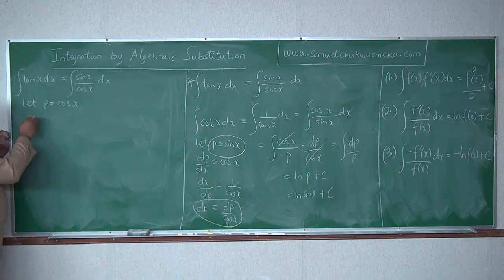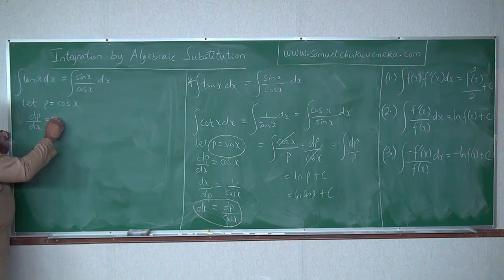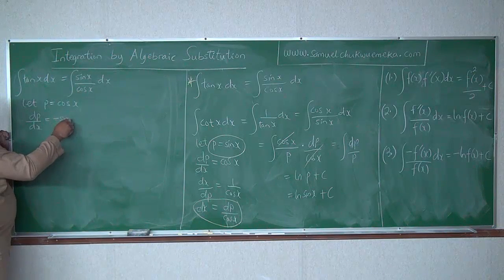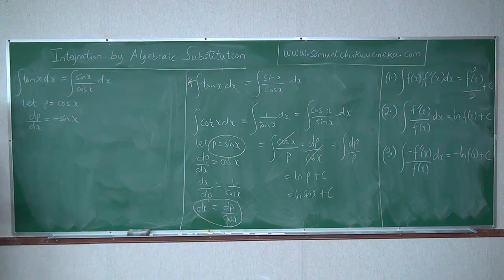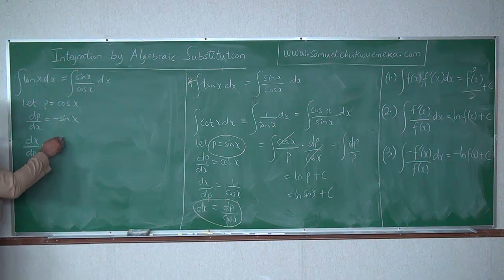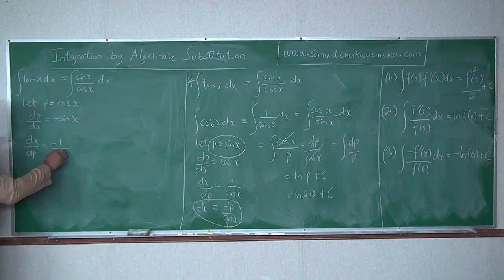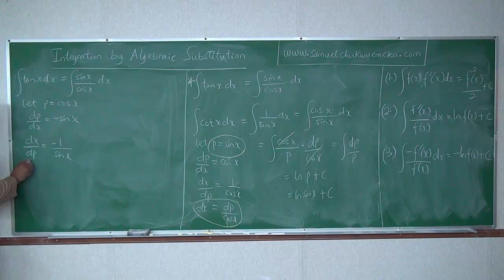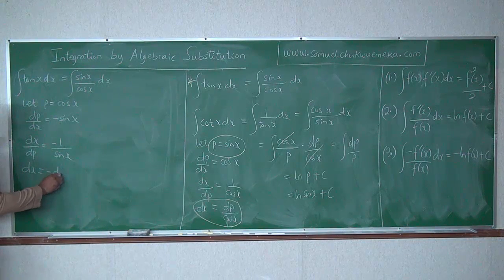Then dp/dx is negative sine x, so dx/dp is negative 1 over sine x. So our dx is negative dp over sine x.